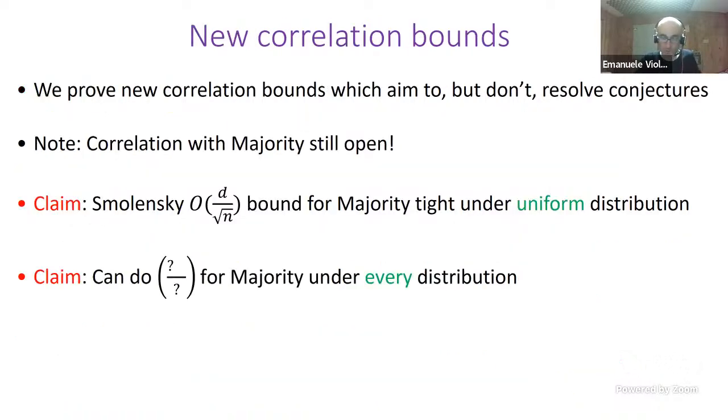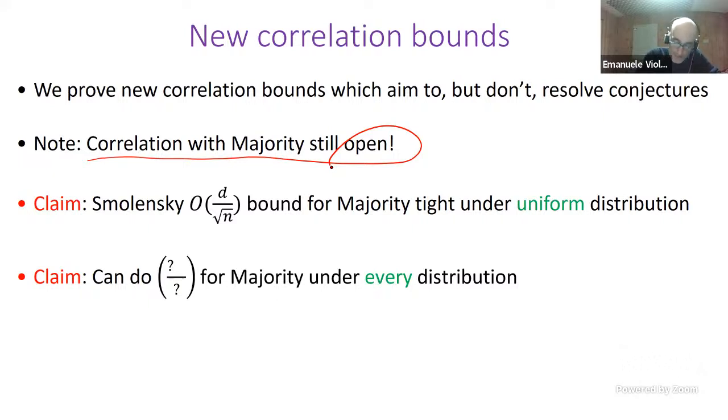We aimed to resolve these conjectures, but we didn't manage. Still, we discovered some things that I want to tell you about. One thing that I want to emphasize, which I think is a nice problem, is that the correlation with majority is open. So we don't know. It was somewhat surprising to me. It was not clear in my head, but this thing is not known.